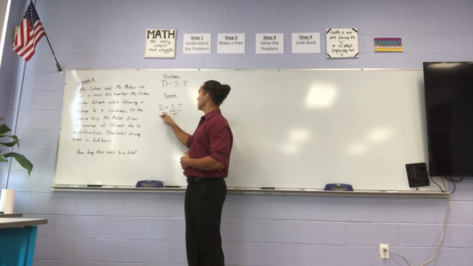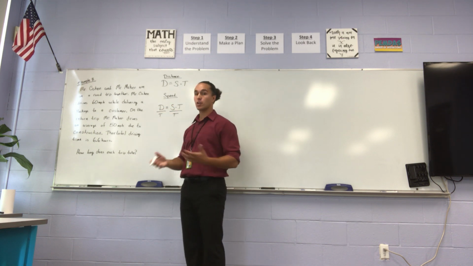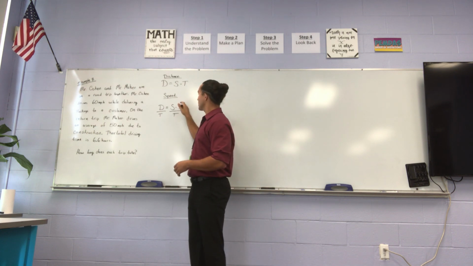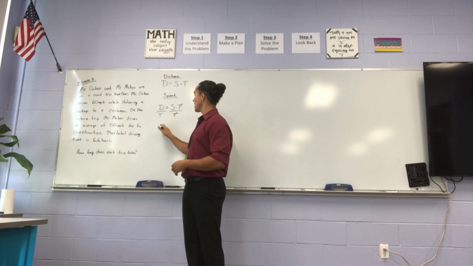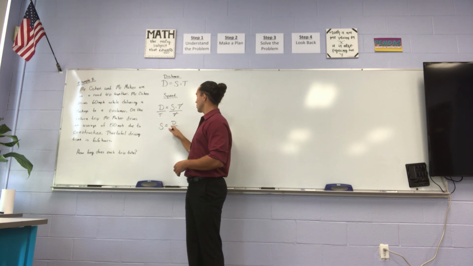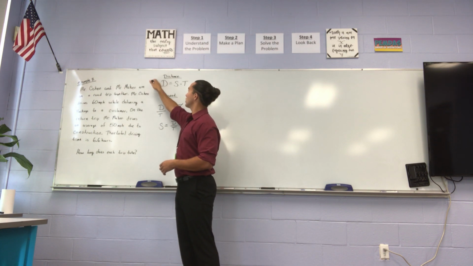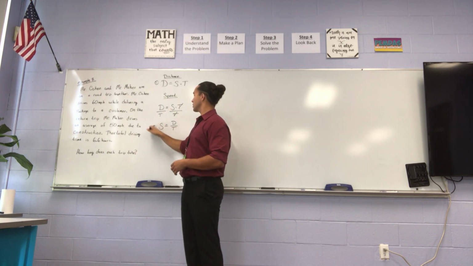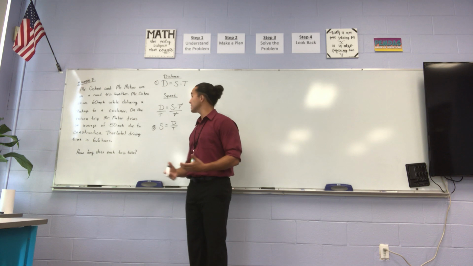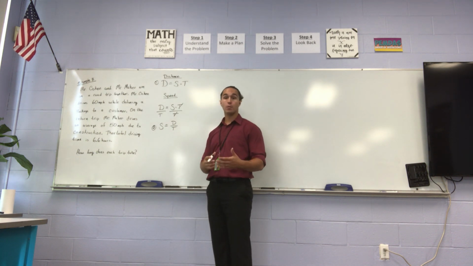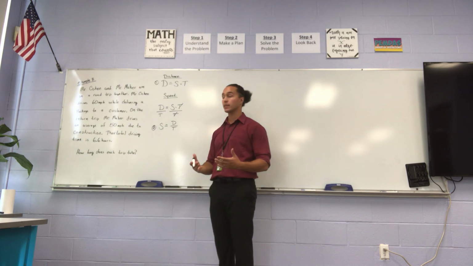Very easily, we can reduce out our time, and we know that speed equals distance over time. So we now have two equations, and we can do the same type of work to determine the equation for time.